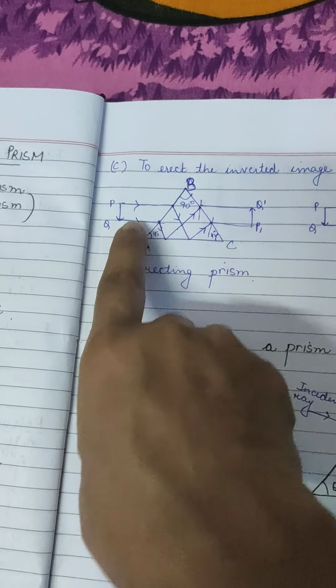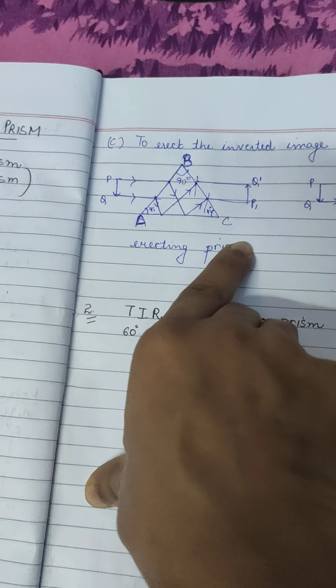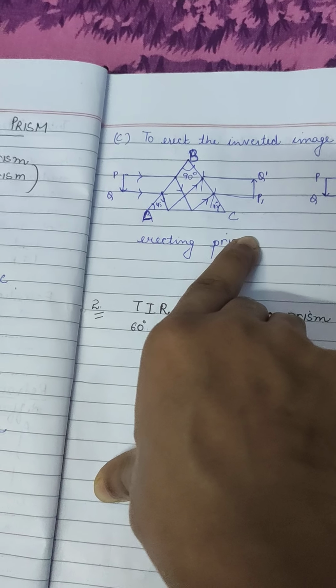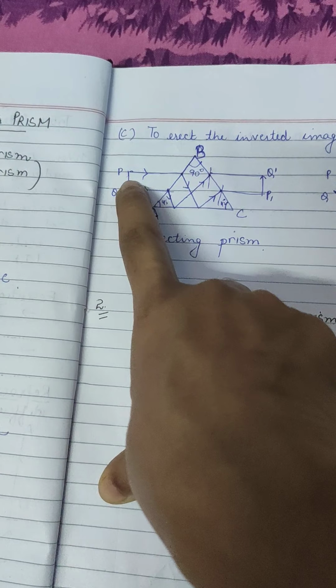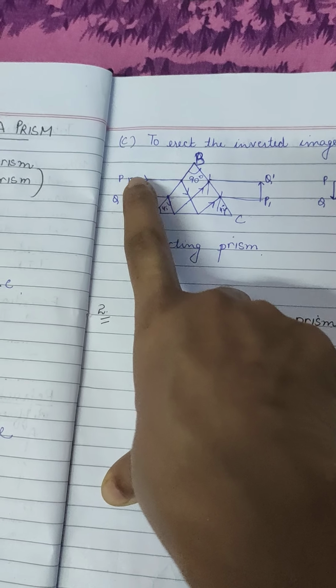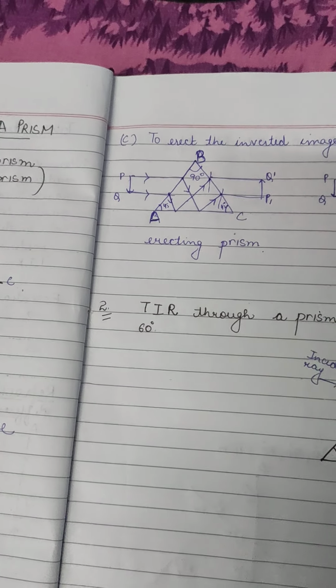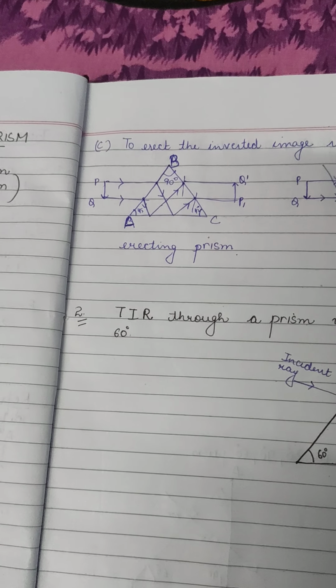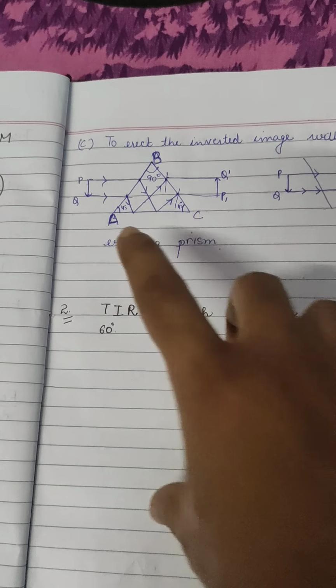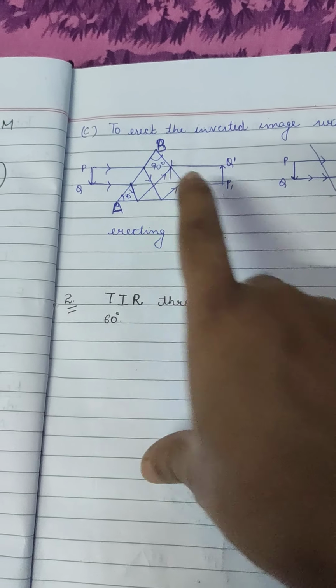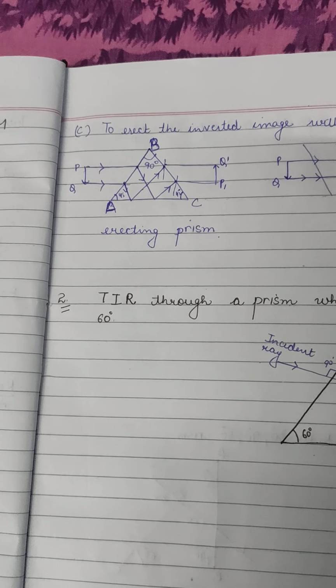This PQ is parallel to the face AC. Okay? The incident beam is parallel to the face AC of the prism and strikes the face AB of the prism.